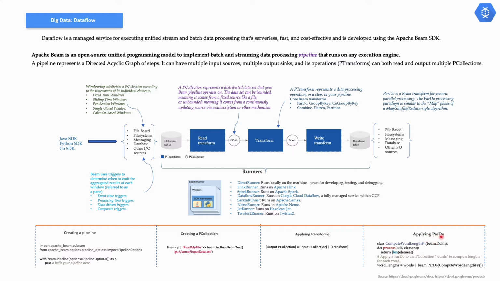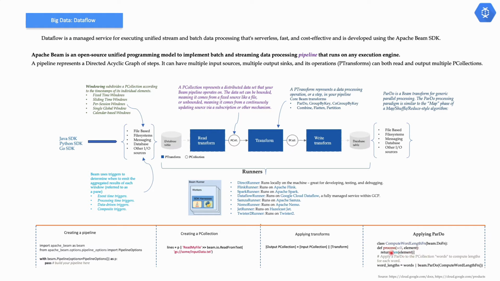An example of applying ParDo, the complex sort of algorithm, is you use a class where beam.DoFn. Again, there's a lot of libraries which is part of Apache Beam. Once you start coding that, you will understand that you define a process, which is more like a function.